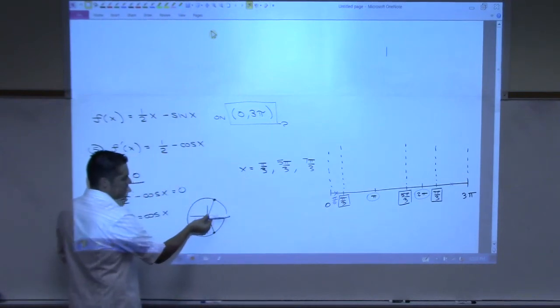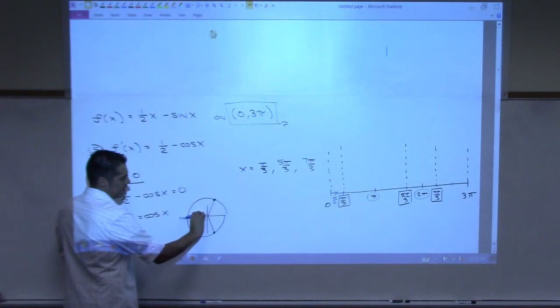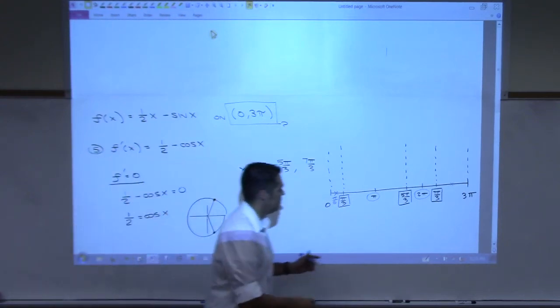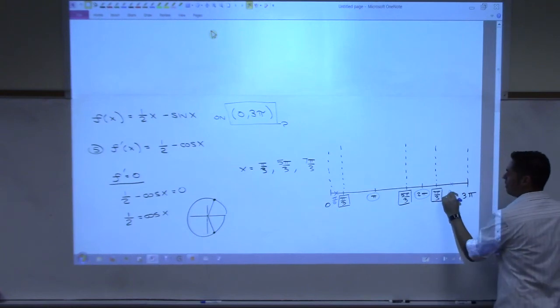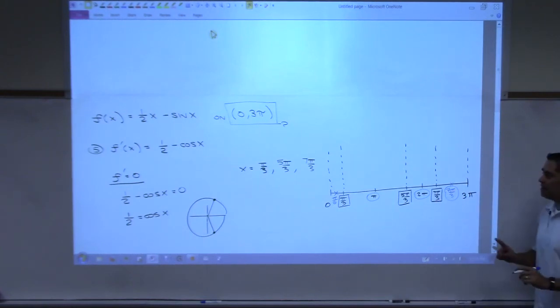I have to be between 0 and, let's see, that's pi, that's 2 pi, here's 3 pi, right? This was 7 pi over 3. Couldn't I go 8 pi over 3? Wouldn't 8 pi over 3 put me here? I could do that.